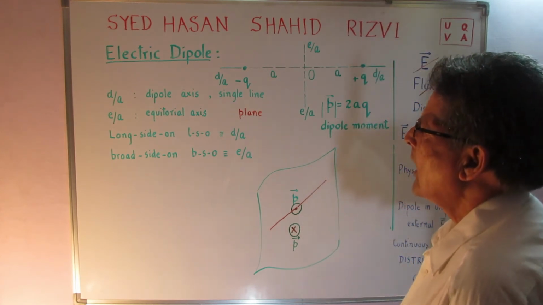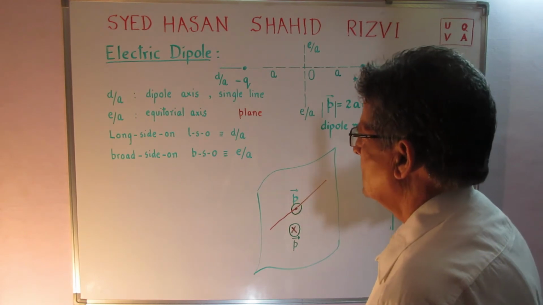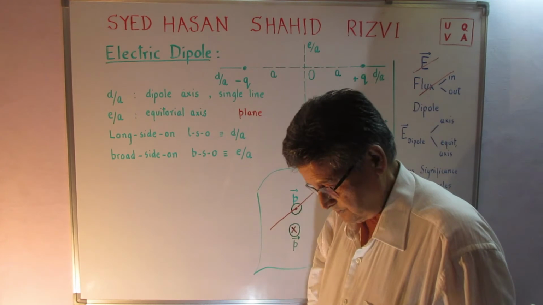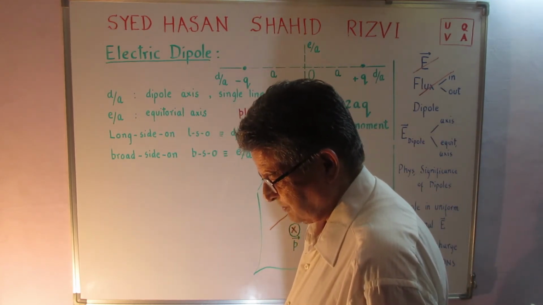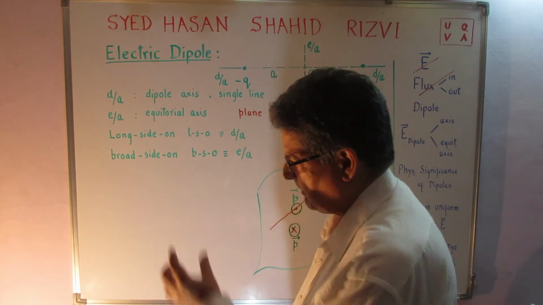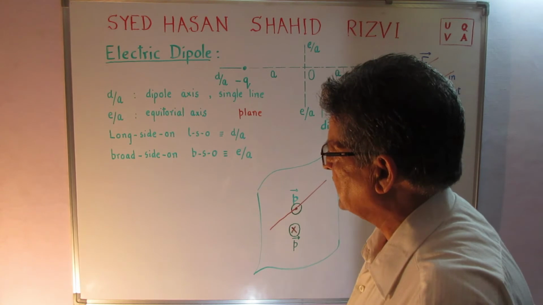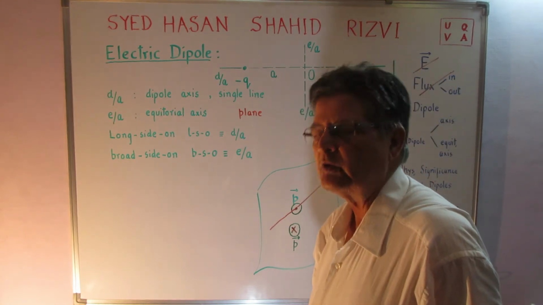Now, this was done for a long time, even after that, when small bar magnets were taken and we had the compass needle, we used to draw lines of force.